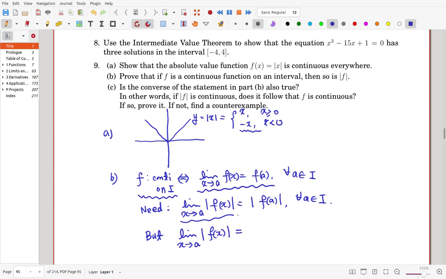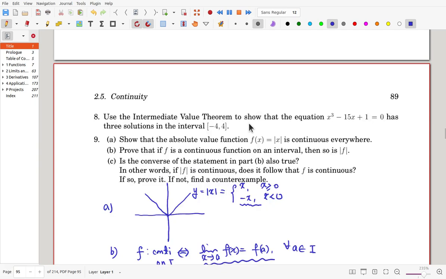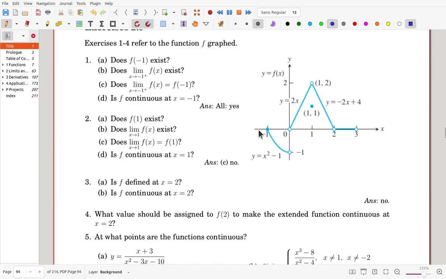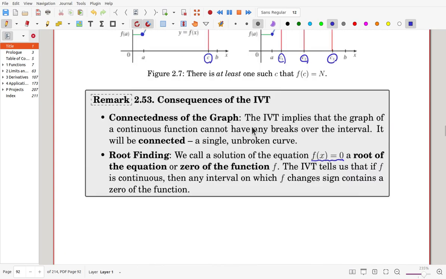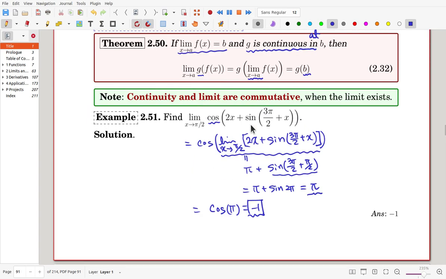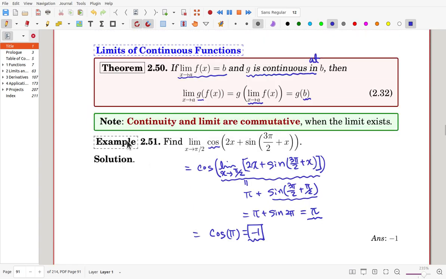Now, earlier in the theorem, let's go back here. This one: the limit and a continuous function commute.